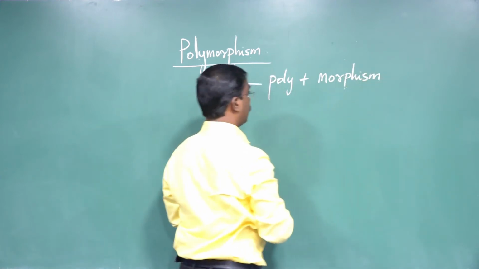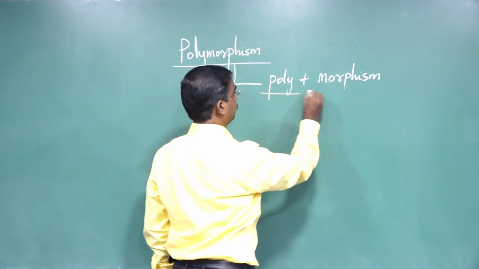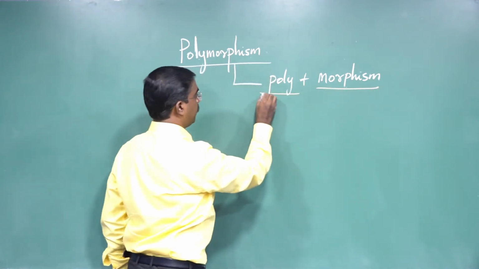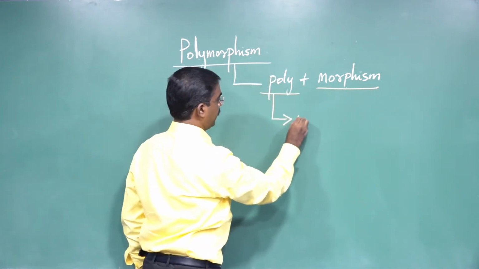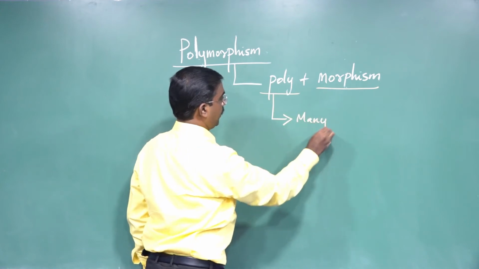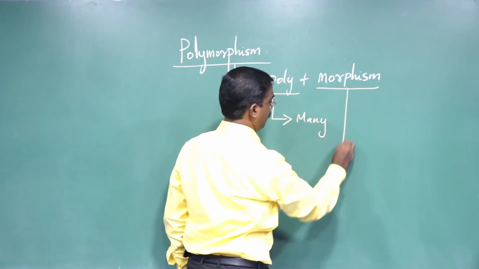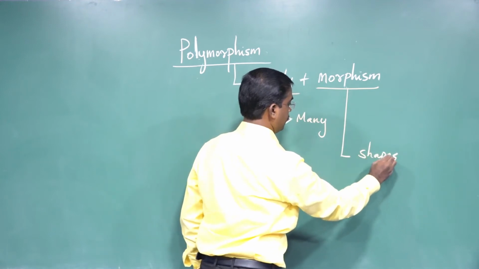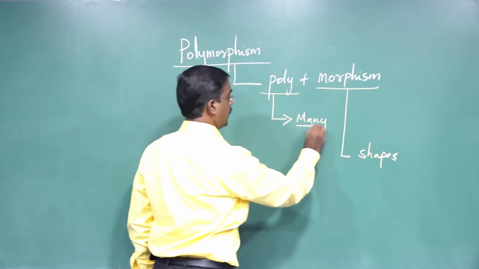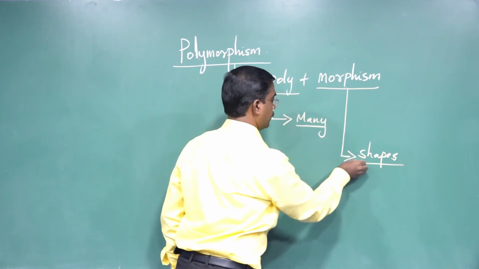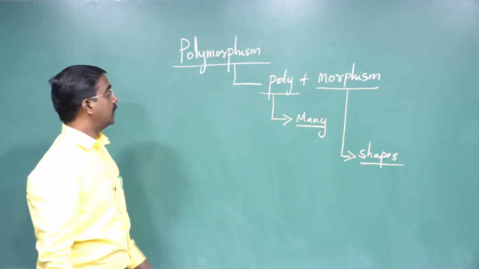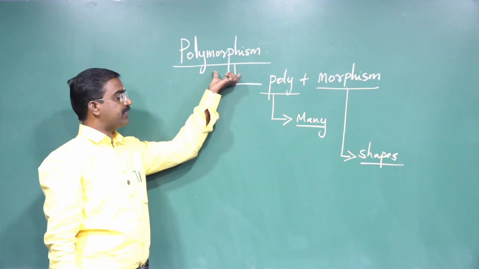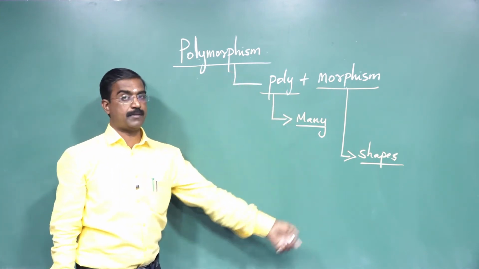Here poly means many, and morphism means shapes. So the real meaning of polymorphism is many shapes.